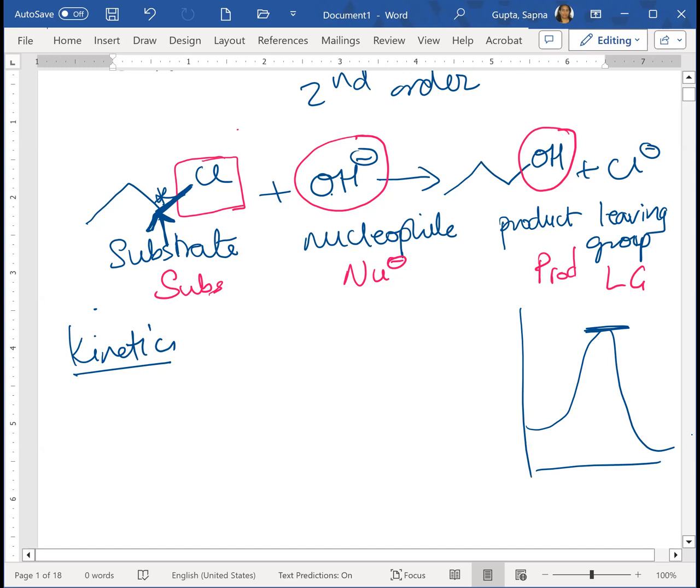So if the order of reaction is one, only one thing is involved in the transition state. If the order of reaction is two, then two things are involved. Bimolecular, remember? I said unimolecular if you have one molecule, bimolecular if you have two molecules. So it turns out that when we study the kinetics of this reaction, the rate equation turns out to be this.